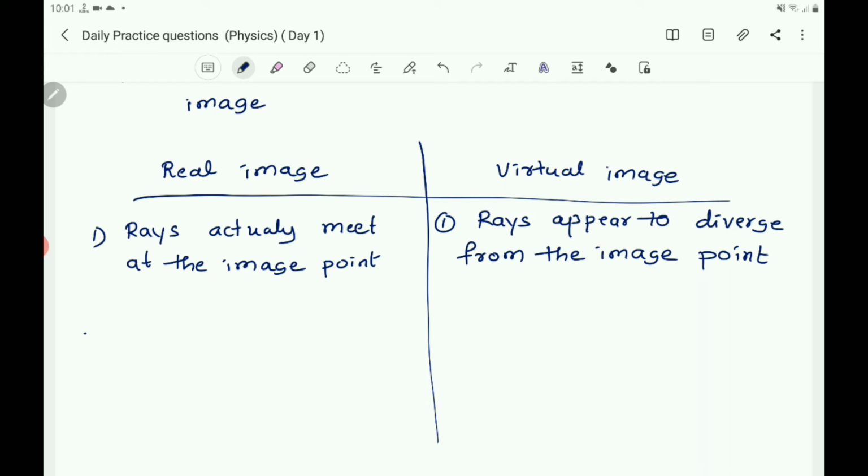Then second one, you know that real image can be caught on the screen.